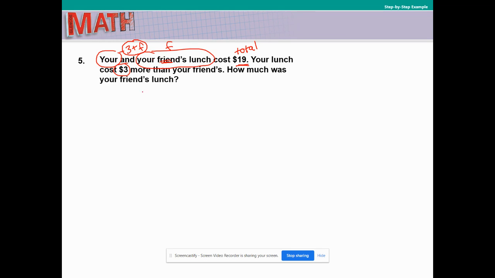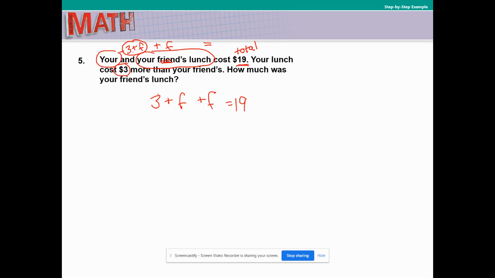So if we were to write this as an equation, then we know both of them together equaled $19. Now, this is the kind of problem I would probably just try to figure out mentally, not necessarily writing into the equation, but this is how we'd write the equation. 3 plus F, that's your lunch, because $3 more than the friend's, plus the friend's lunch equaled $19.